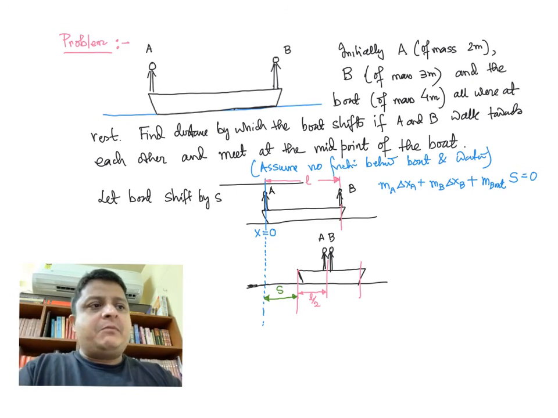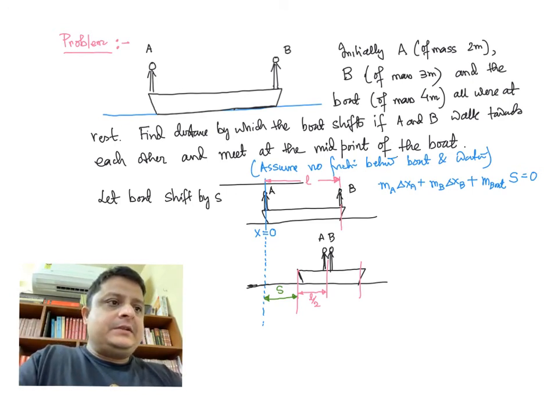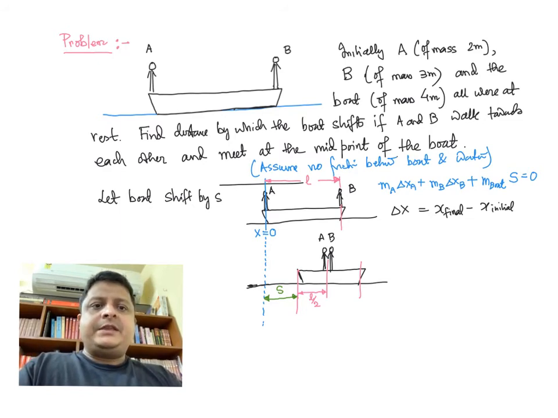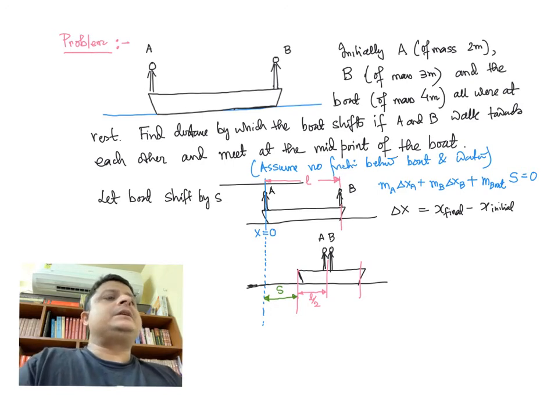And remember always, what is delta x? Difference between the coordinates, right? So delta x is equal to, for anything, x final minus x initial. So what is MA equal to? MA is equal to, as given, 2m.